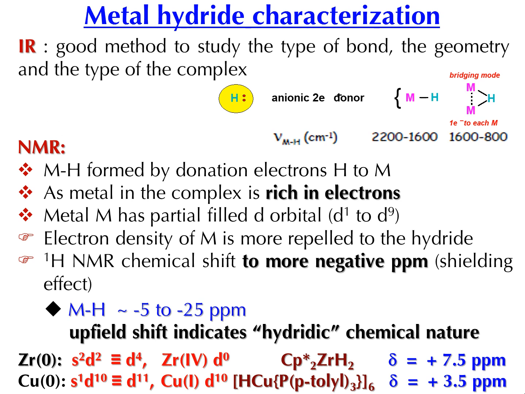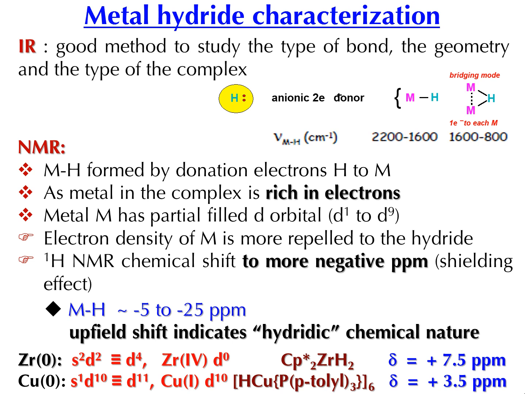After formation of the bond M-H by donation of the electrons s2 to M, if the metal is rich in electrons and if the metal has orbital d partially filled, for example from d1 to d9, then in the presence of these two conditions, the electron density of M is repelled to the hydride by back donation.